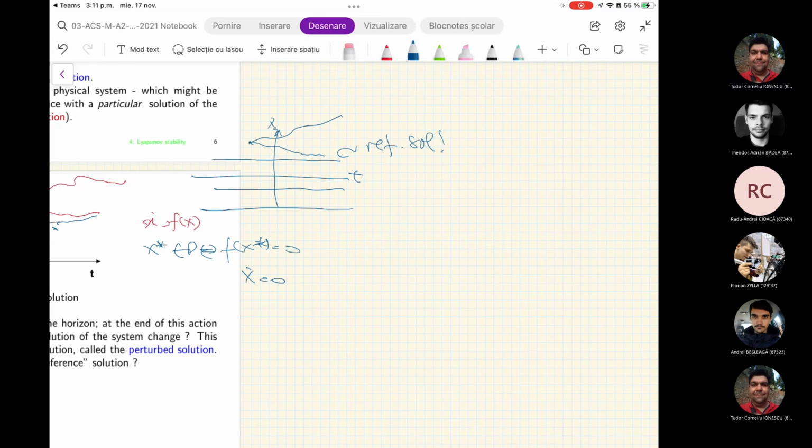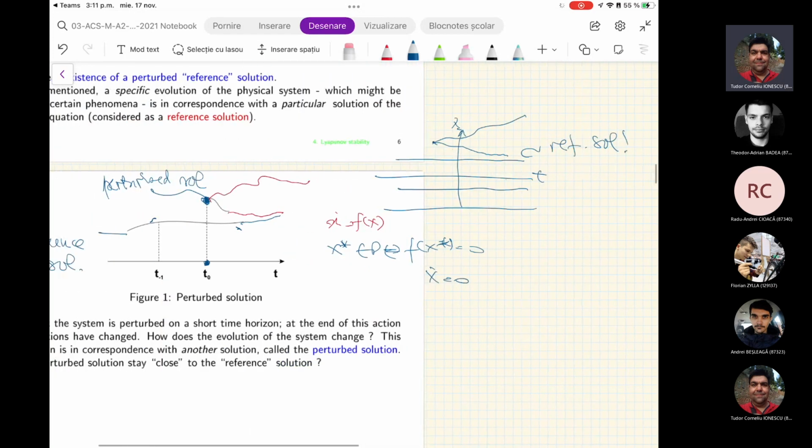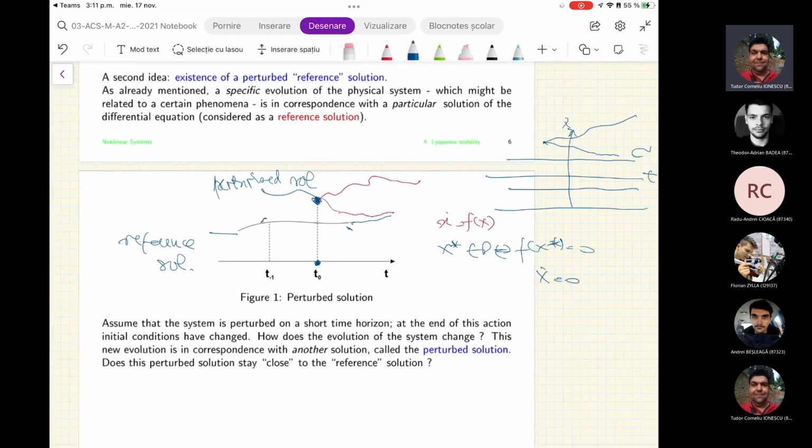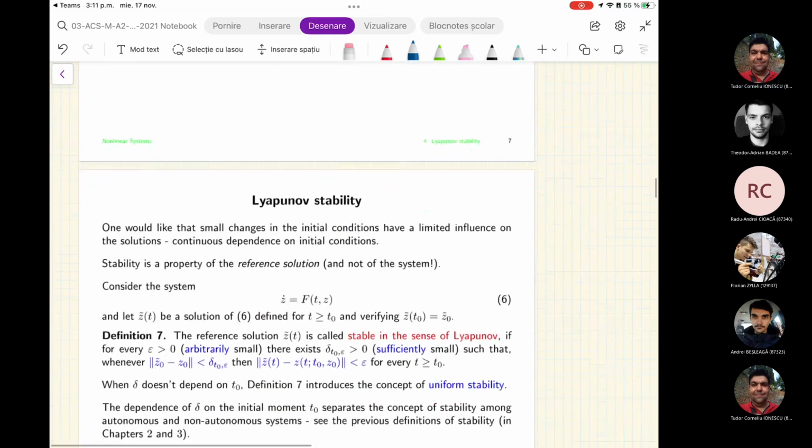Exactly. So we are going to use in this reasoning, in this argument of the perturbed solution versus a reference solution, and considering the stability, the capability of the perturbed solution to go to the reference solution, we are going to use as reference solution not just any solution we compute, because that's difficult, but we are going to use the equilibrium points as reference solutions. Probably. Let's see.